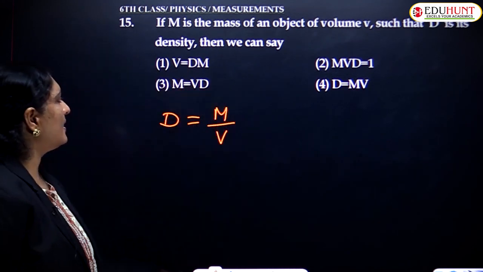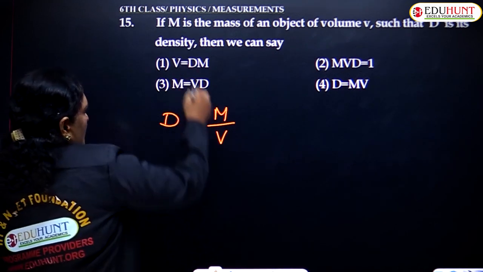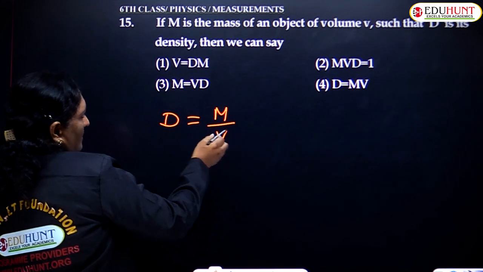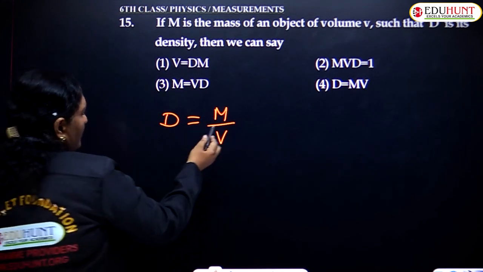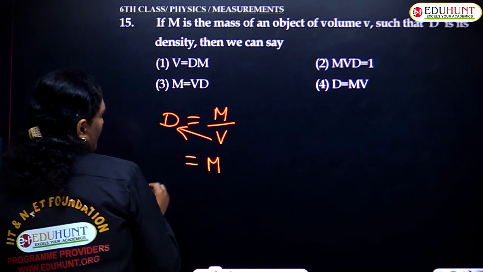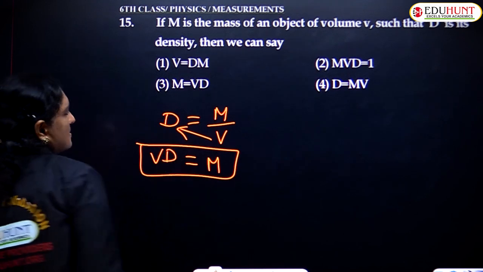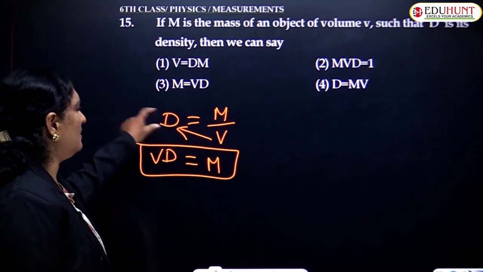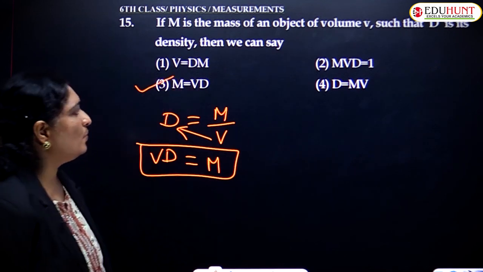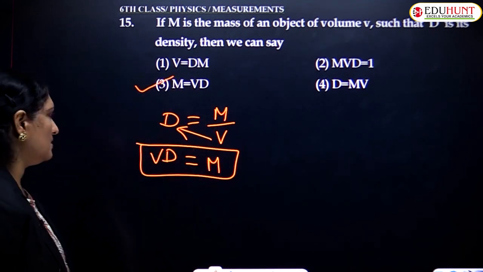No such formula is there for the others because no division is there. What is the value of v? m by d. Let me bring this v to the other side. Then m equals v into d. The denominator becomes the numerator part. So m equals v into d. The other options are absolutely false.